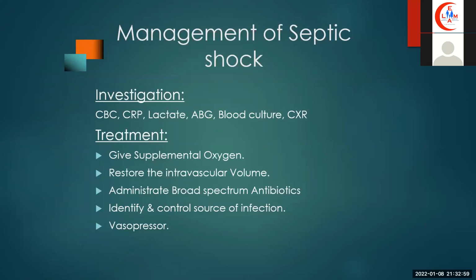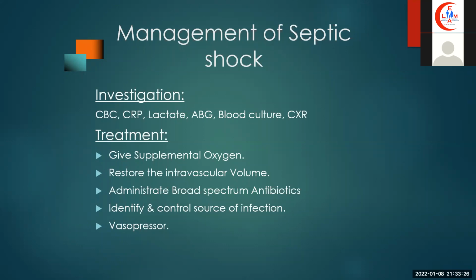Okay, so what do we call it? We call it the sepsis six bundle. You take 3 and you give 3. So you take blood for labs, including blood culture, and you need to do strict intake and output charting, checking the urine output.